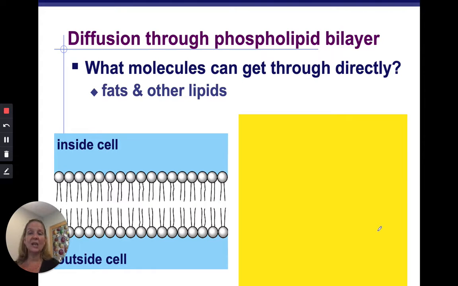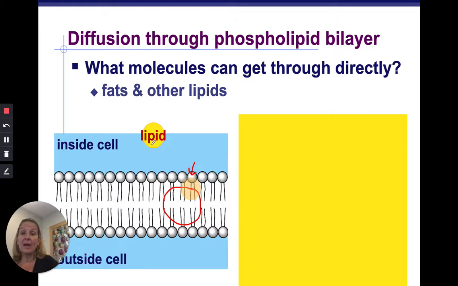So what can get straight through? I want you to revisit the idea of what makes up the membrane. Remember, we have these hydrophilic heads, that's the PO4, and we have these hydrophobic tails. So what can get through? Well, lipids can actually go straight through.